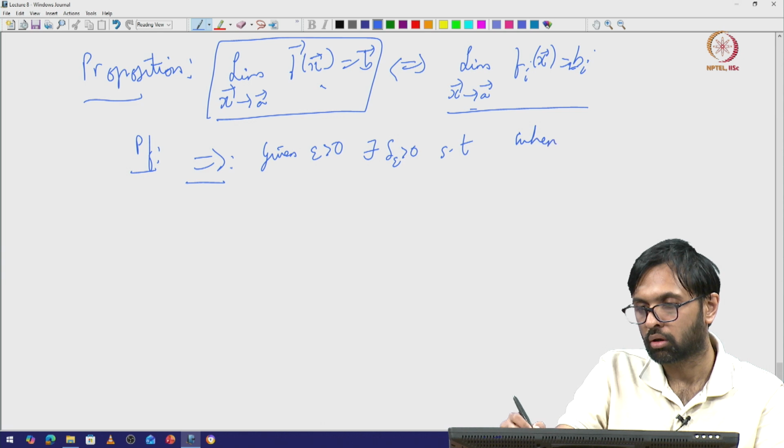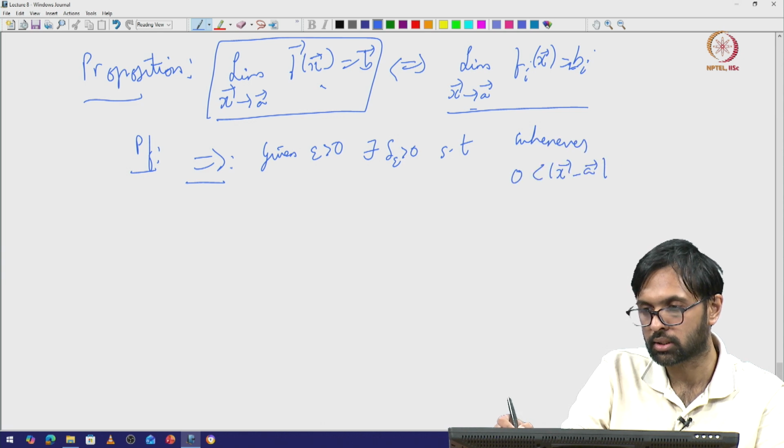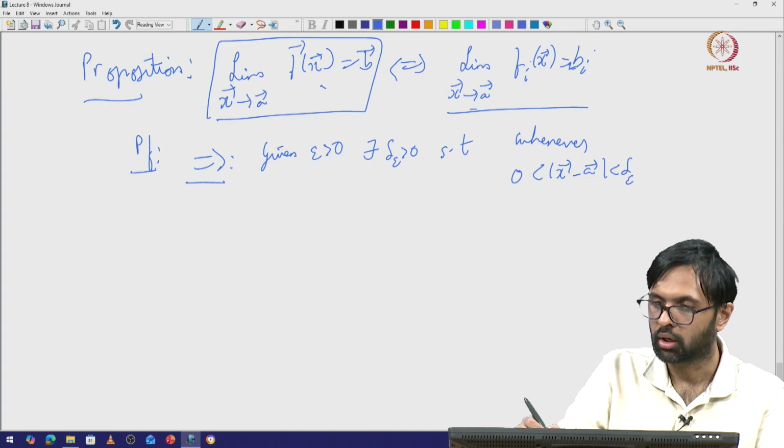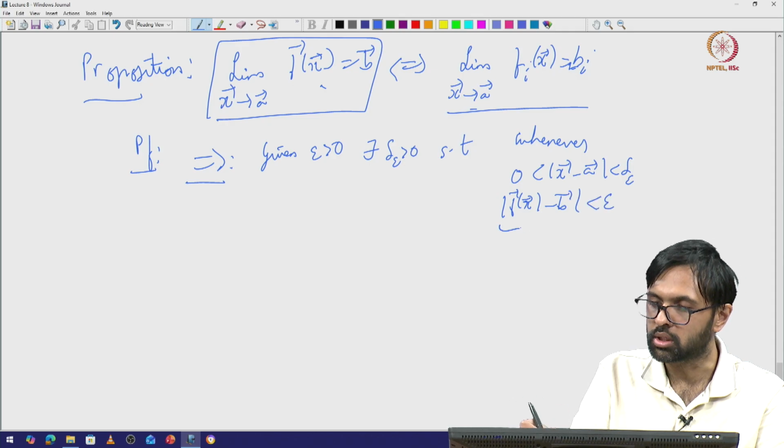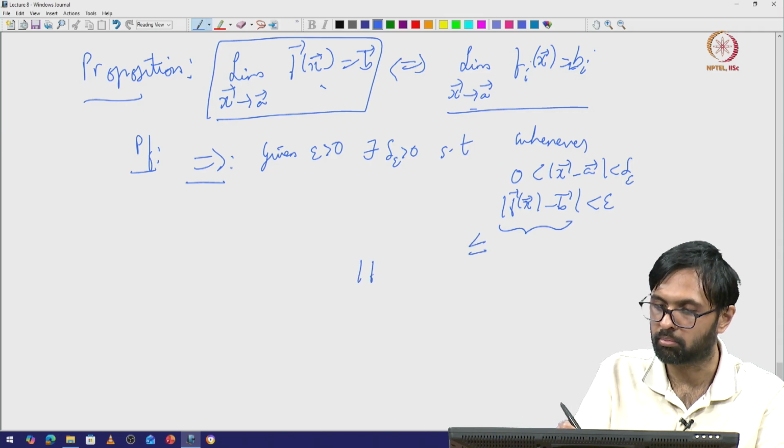whenever 0 is less than the norm of x minus a is less than delta, f of x is epsilon close to b. Now what is this? This is certainly larger than the absolute value of f_i of x minus b_i for all i.